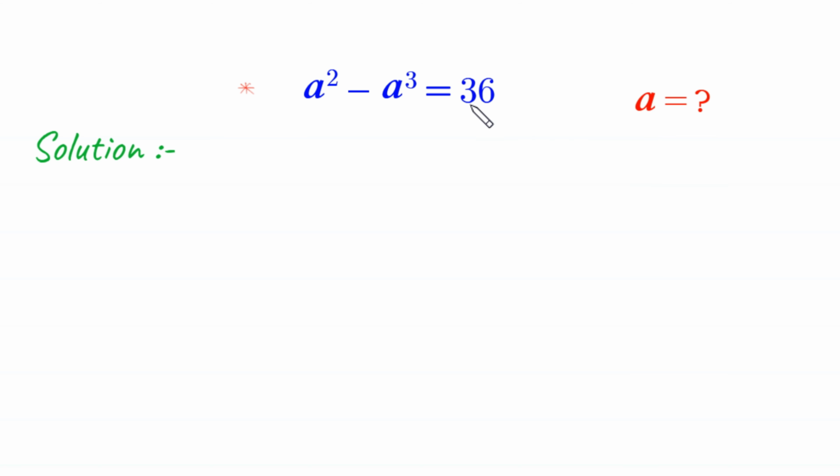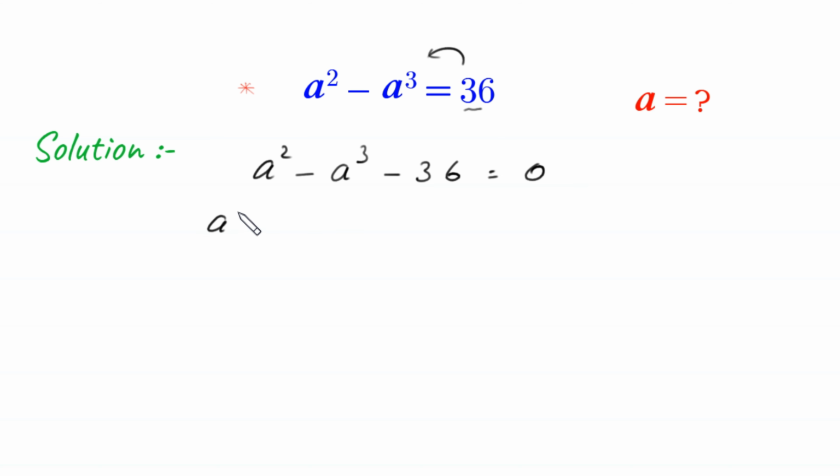So let's start by moving this 36 to the left hand side. Then this equation will become a squared minus a cubed. This positive 36 will become negative 36 at left hand side is equal to 0.